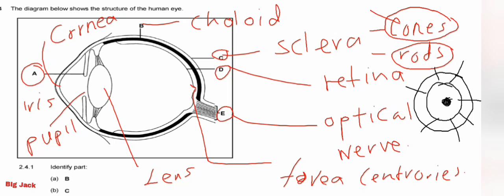When there is very bright light, the circular muscles are going to contract and the radial muscles are going to relax, thereby preventing high light intensity from reaching the retina, because these sensitive cells, the cones and the rods, are destroyed by high light intensity.